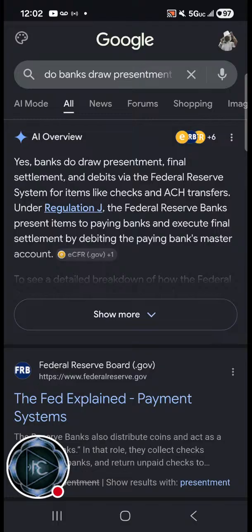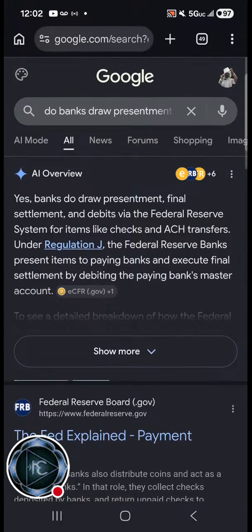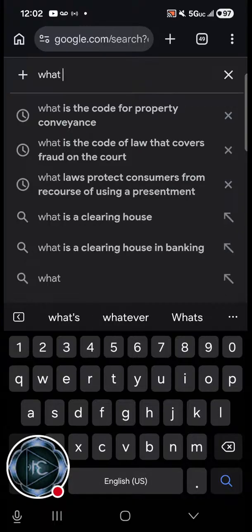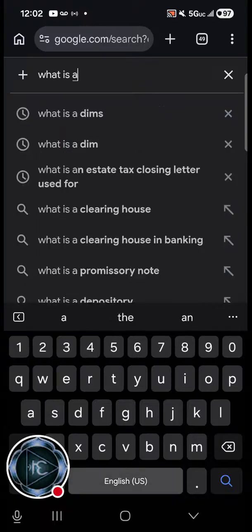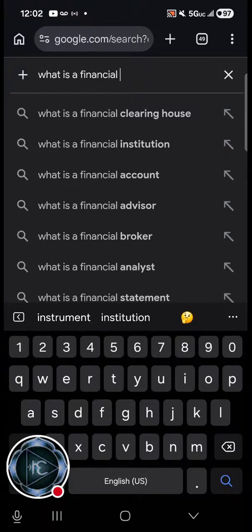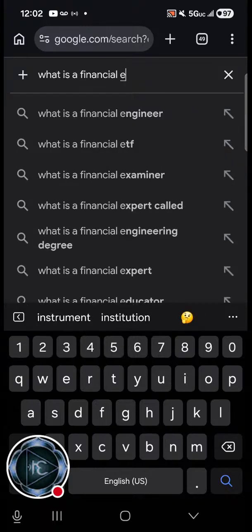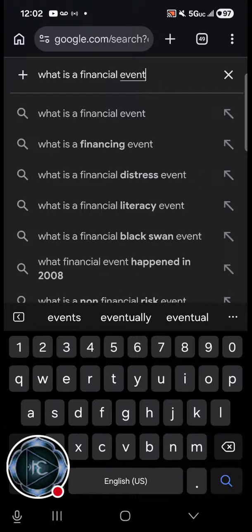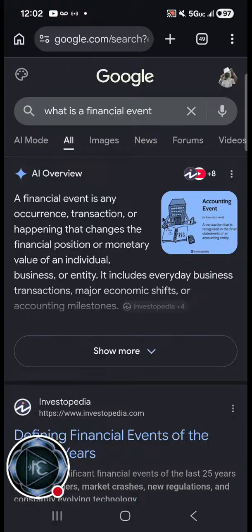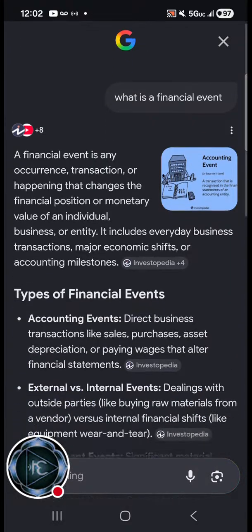When you apply, let's see. What is a financial event? See, and you would have to know all of that, about the understanding of what an event is.